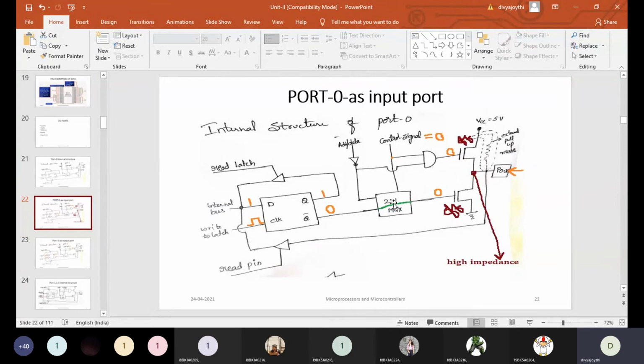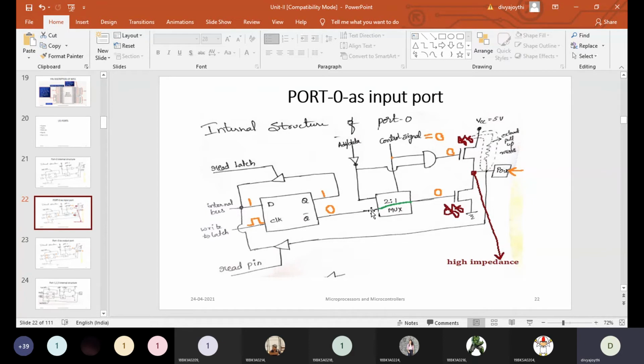Which one is coming as an output? Q bar is coming as an output. Why? Because we are giving the control signal value as 0. A control signal value of 0 indicates that those pins are not carrying any address and data. When they are not carrying any address and data information, there will be no value there, so whatever value is available at this particular pin will come out as the output, which will become 0.